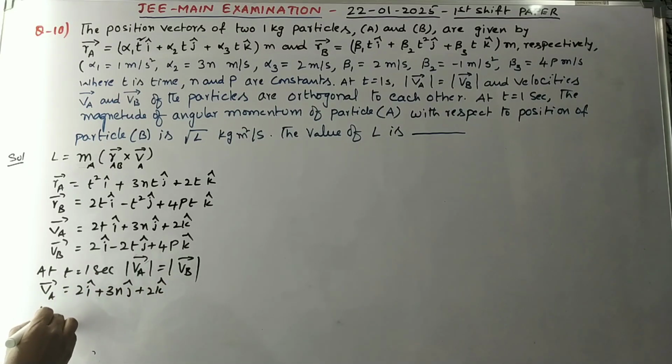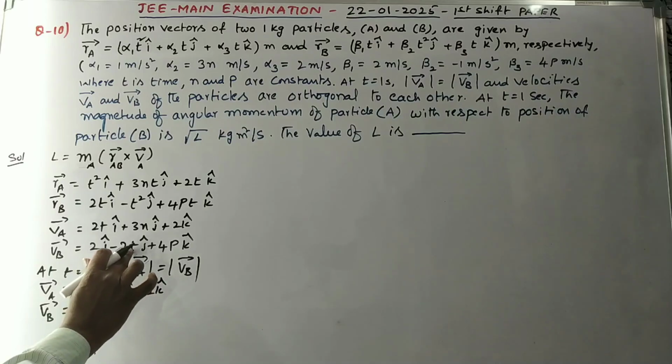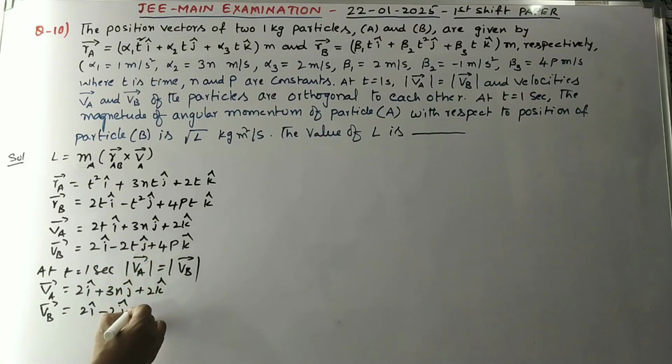Similarly, velocity vector B is 2 I cap minus 2 j cap plus 4p k cap.